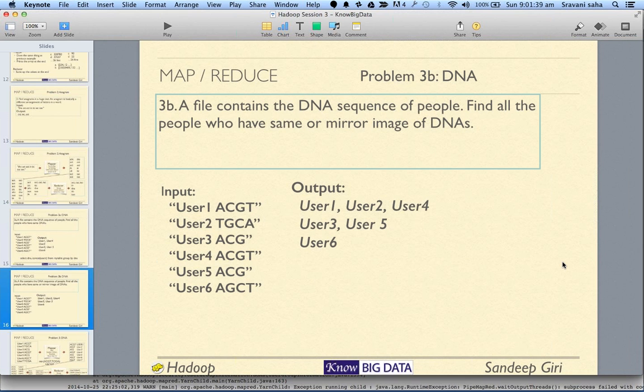Amar's point is DNA is the key for all the persons. For mirror, we need to take the array and read the letters from the last of the array. Okay. You have got a point. So Amar is saying that take the DNA.